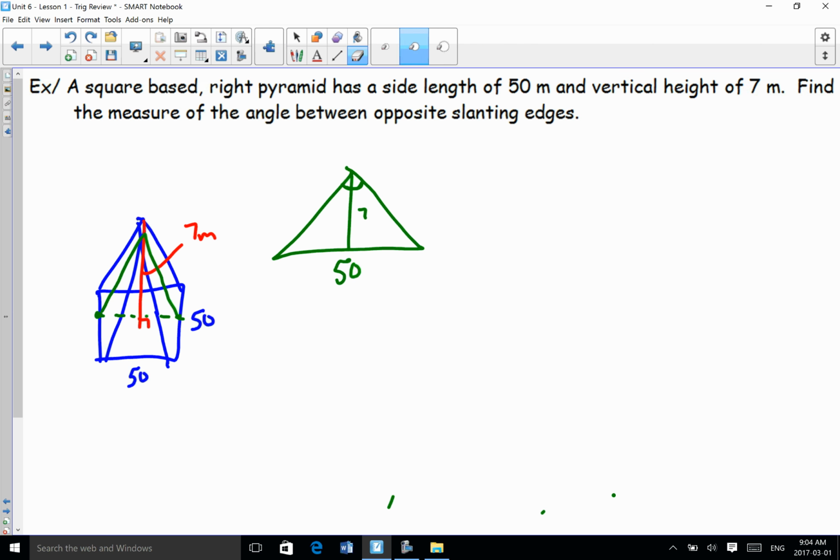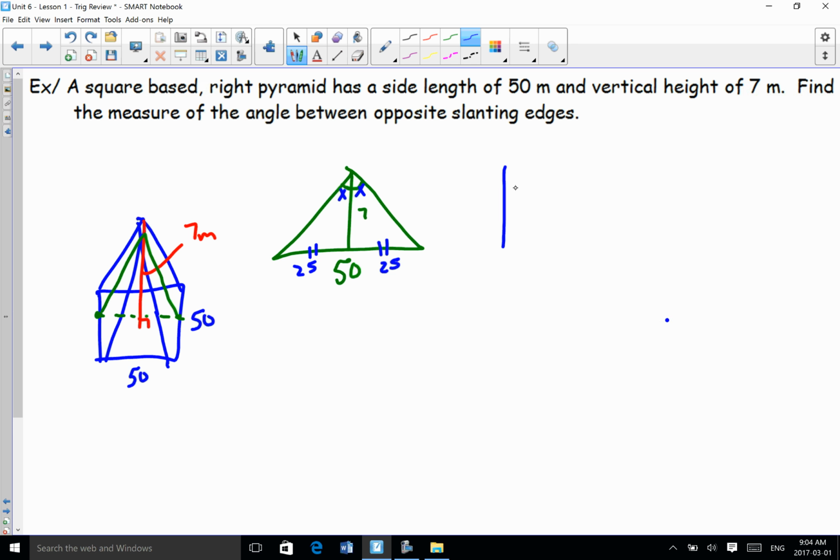Can we do that? Well, if I went down the middle, these are both equal. In other words, they're both 25s. And these angles are both the same. So if I can figure out one of them, I can double it and get the angle between them, right?